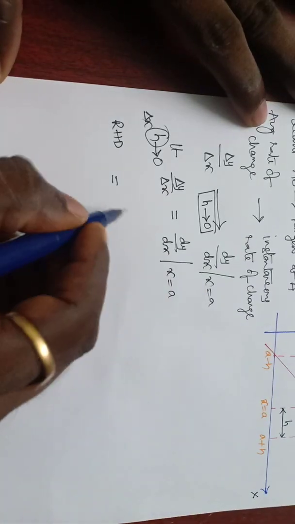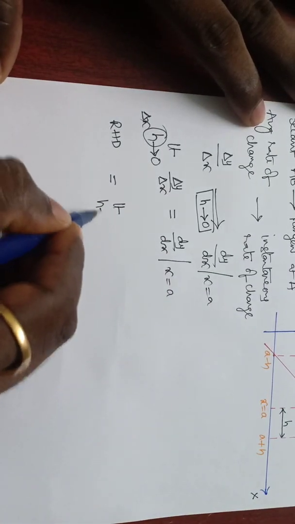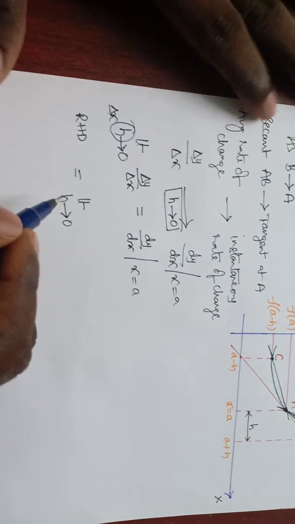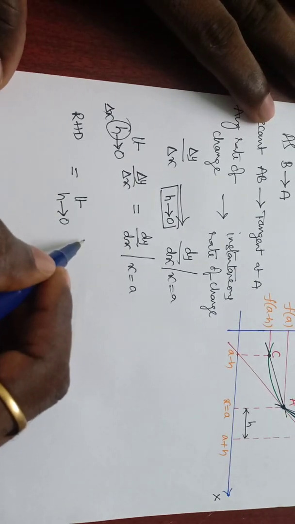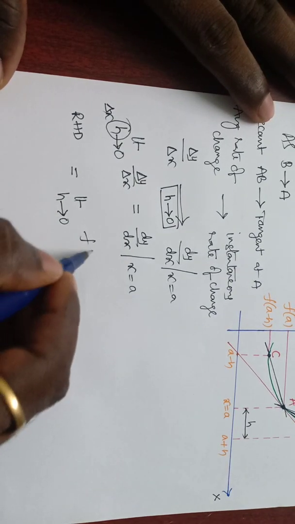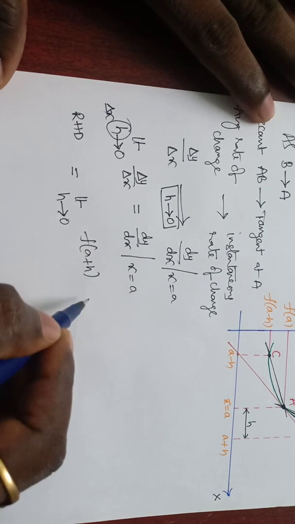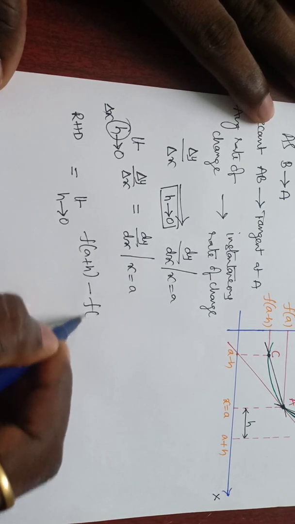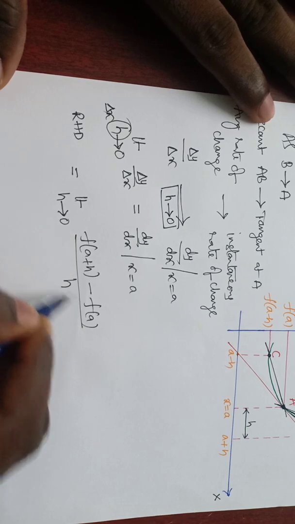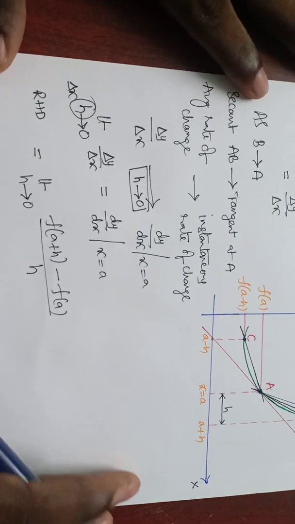It is nothing but limit h tends to 0 of the slope of secant AB, which is f of a plus h minus f of a, whole divided by h. Right?